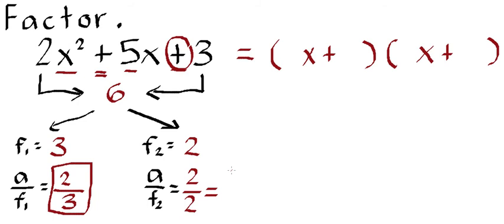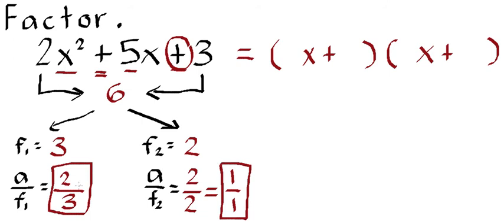Or we can also say that 2 over 2 is equivalent to 1 over 1. Kapag dinivide mo parehas yung 2 at saka yung 2 sa 2. 2 divided by 2 equals 1 and 2 divided by 2 equals 1. So, this is the lowest term na gagamitin natin.